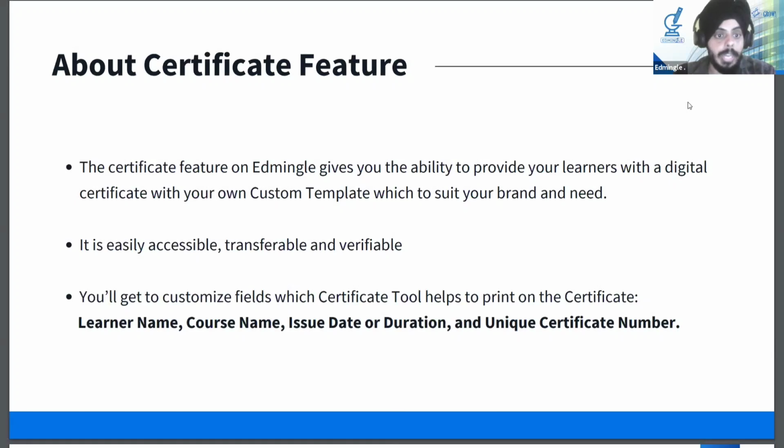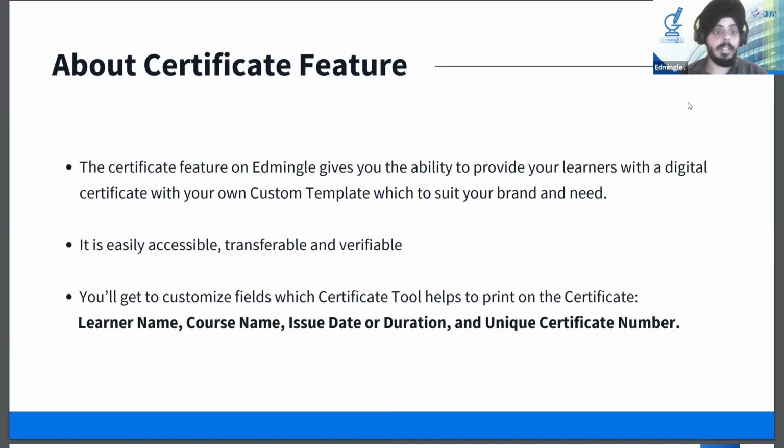And you will get to customize fields which our certificate tool helps to print on the certificate. Let's suppose you have a certificate and our certificate tool will print the student's name, meaning the learner's name, the course name, the issue date and the duration, and a unique certificate number on the certificate. So you just need to give us your certificate, and what will we do?